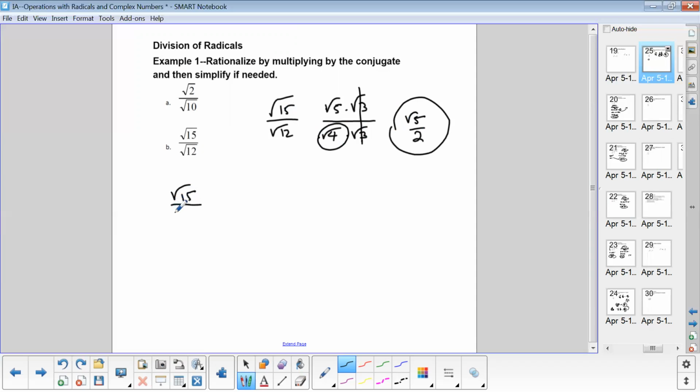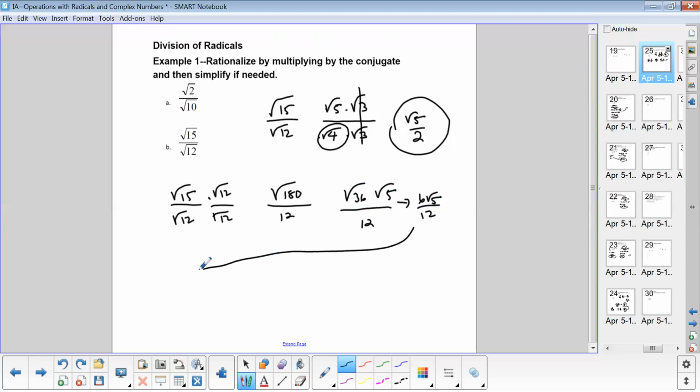I didn't have to rationalize in that case, but if I rationalize here, what I would get is square root of 15 times the square root of 12, which would be the square root of 180 divided by 12. Well, 180 has a perfect square factor of 36. So the square root of 36 times the square root of 5, all divided by 12, which would be 6 square roots of 5 divided by 12.